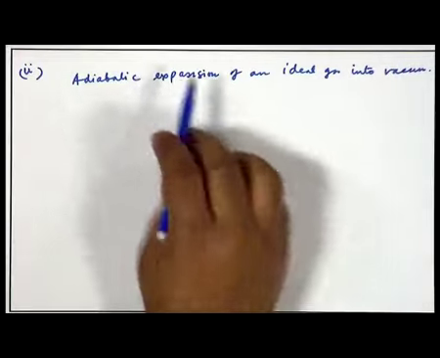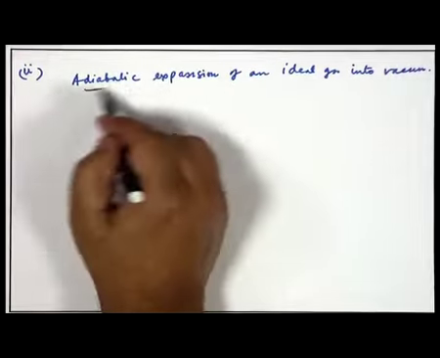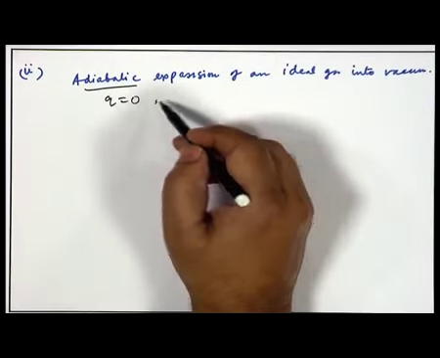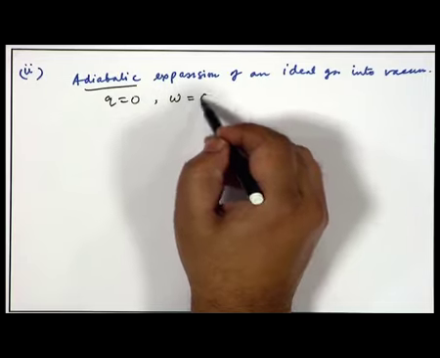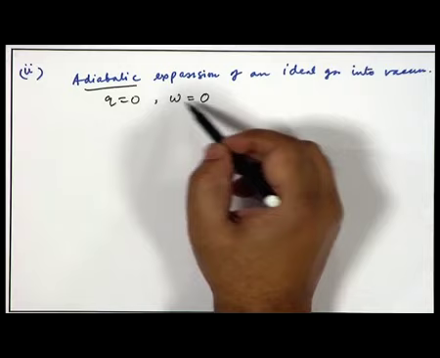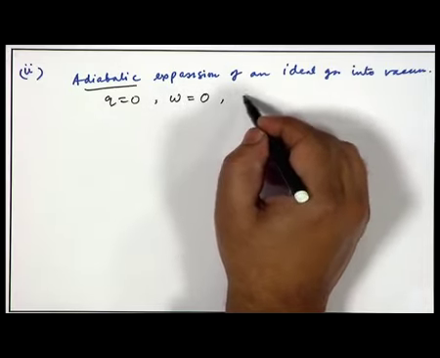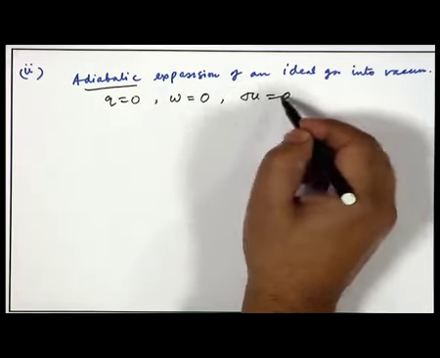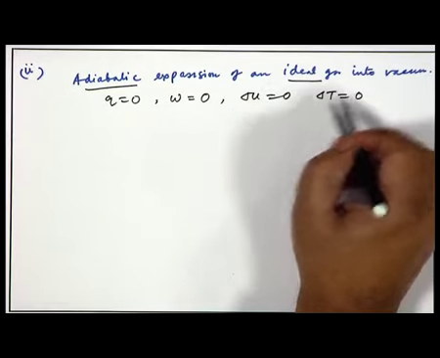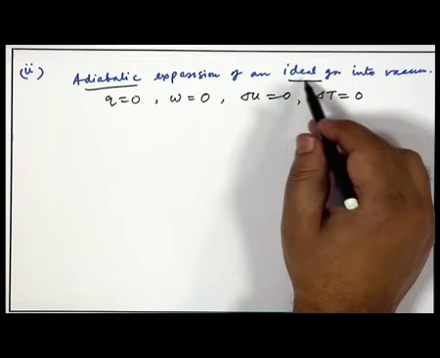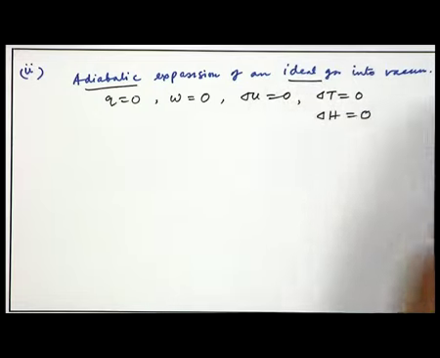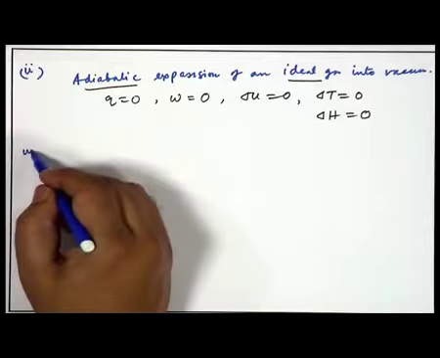Quickly, adiabatic, Q is equal to 0. Expansion into vacuum, so W is 0. Q is 0, W is 0, then del U is 0. As del U is 0 for ideal gas, del T is 0, and as del T is 0 for ideal gas, del H is 0. This was easy.